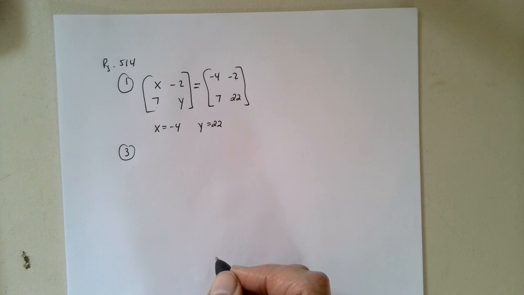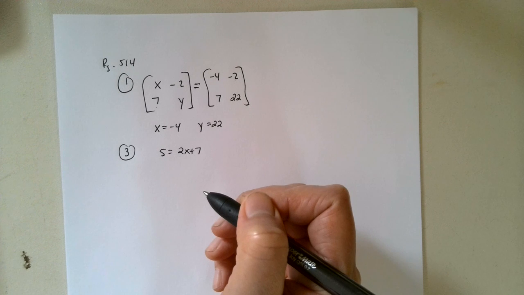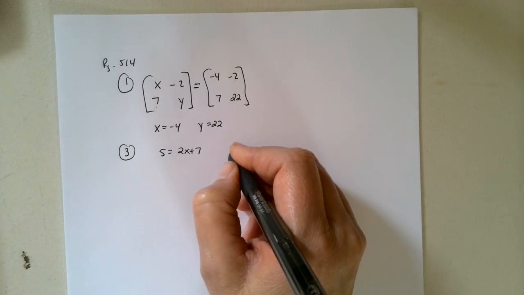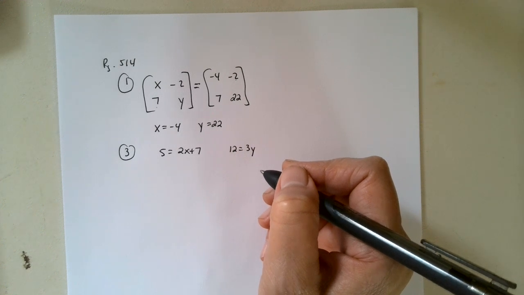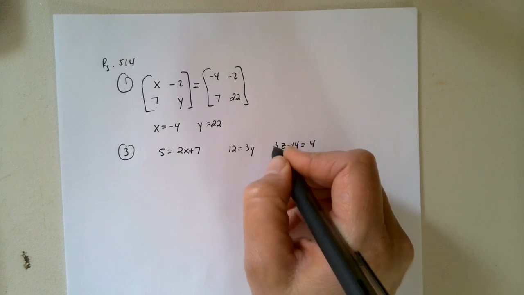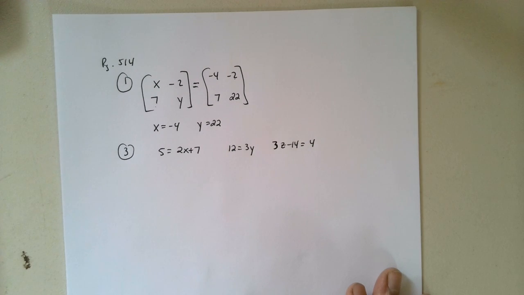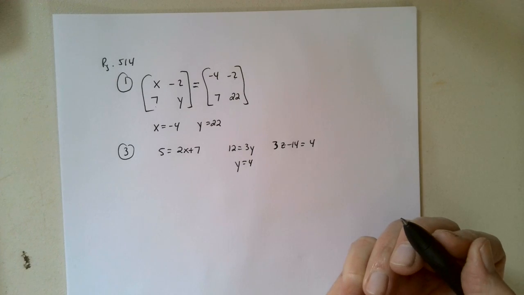On the right side we are missing a few numbers, so if you line up the corresponding elements, you'll see that 5 is equal to 2x plus 7, that 12 is equal to 3y, and that 3z minus 14 is equal to 4. And then you can solve each one of those equations for the variable. So you can see that y is equal to 4.